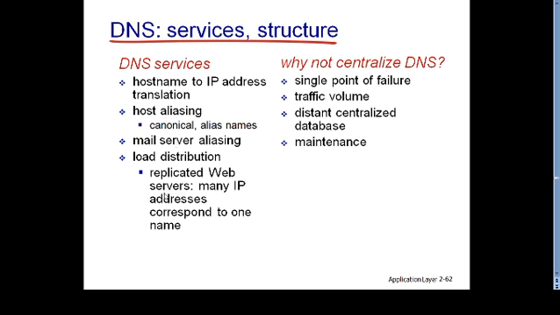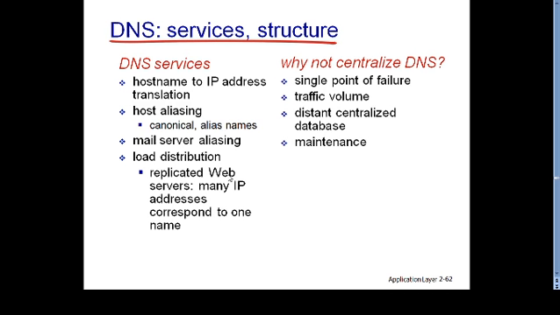The third task of your Domain Name System is load distribution. As you can see, if all the clients send requests to a particular web server to get web pages, then that particular server might crash because of multiple requests from the client side, which it can't handle.